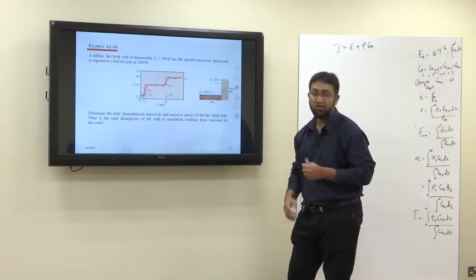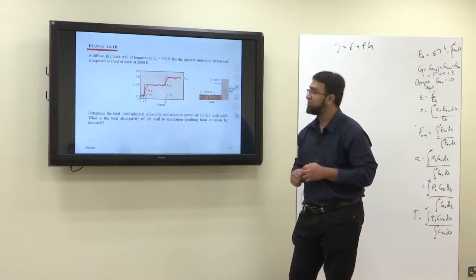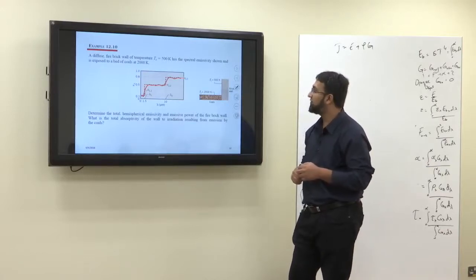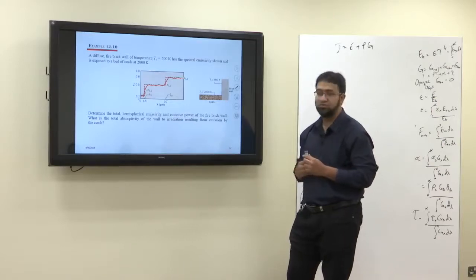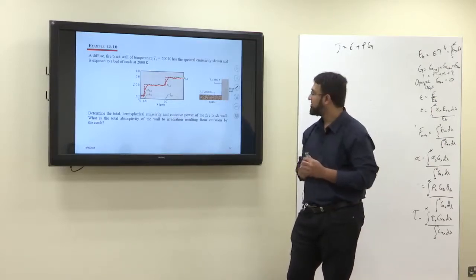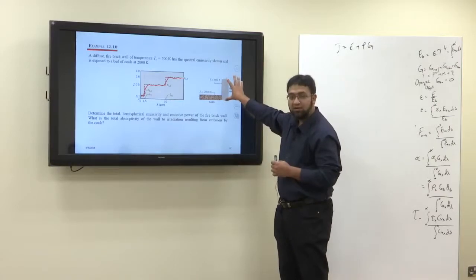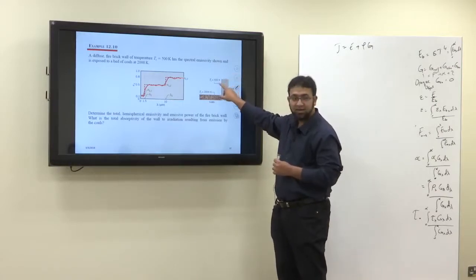Okay. A diffuse fire brick wall of temperature 500 Kelvin has the spectral emissivity shown and is exposed to a bed of coals at 2000 Kelvin. So basically I have a brick wall at 500 Kelvin.